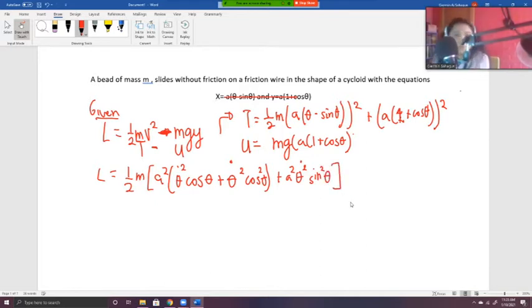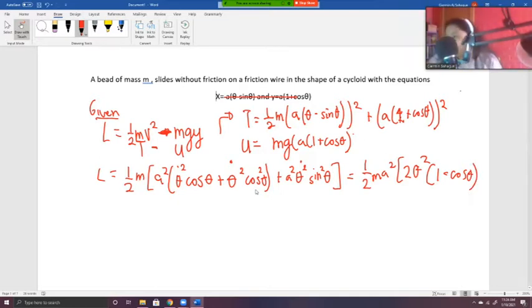So if you combine that, that would be 1 ma squared theta dot squared 2 1 cosine theta.